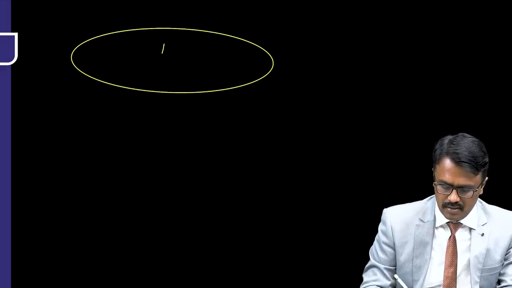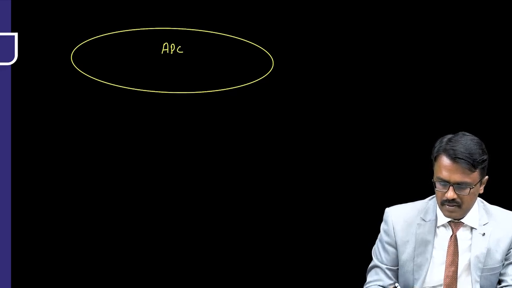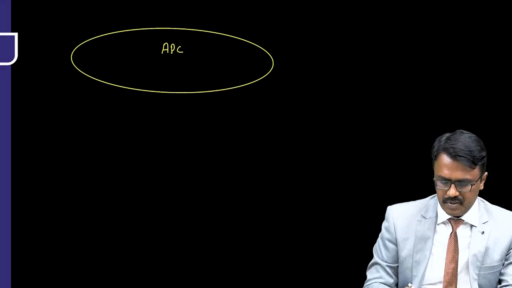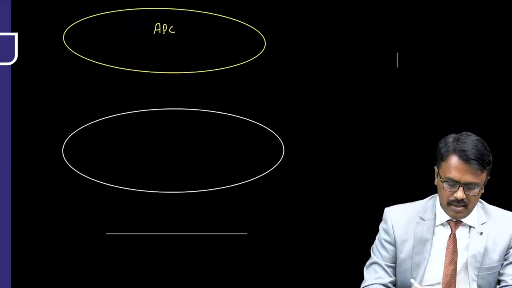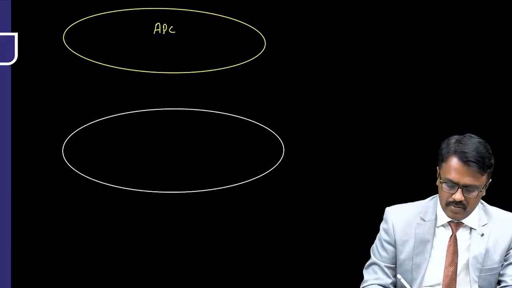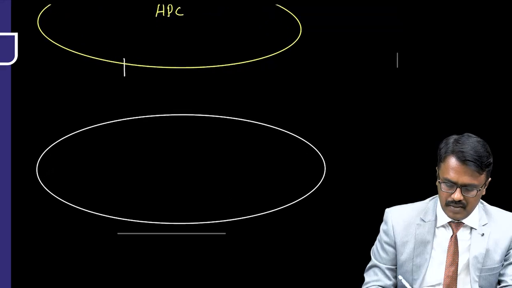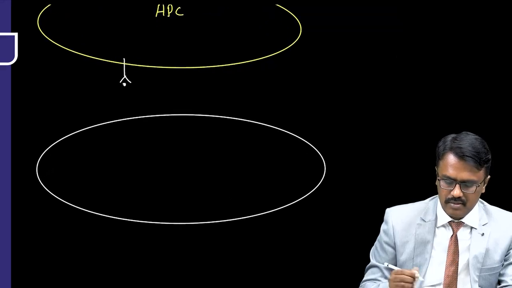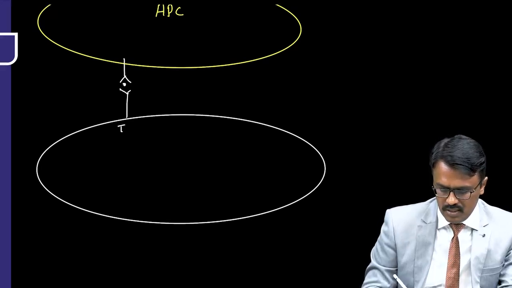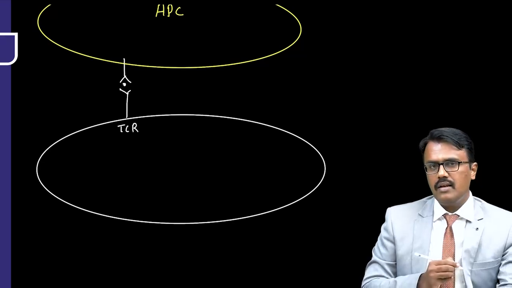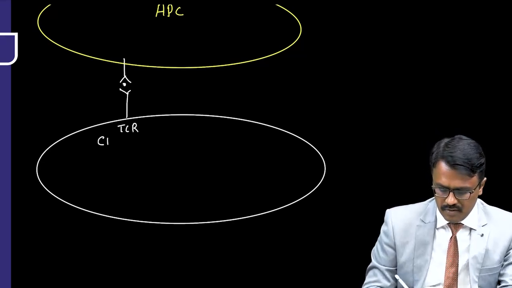This is the antigen presenting cell, the macrophage, and this is the T cell. Now what happens when the antigen comes into the picture? The antigen is presented to the T cell. There is a receptor called the T cell receptor. The T cell receptor will take this, and there is activation of CD3.